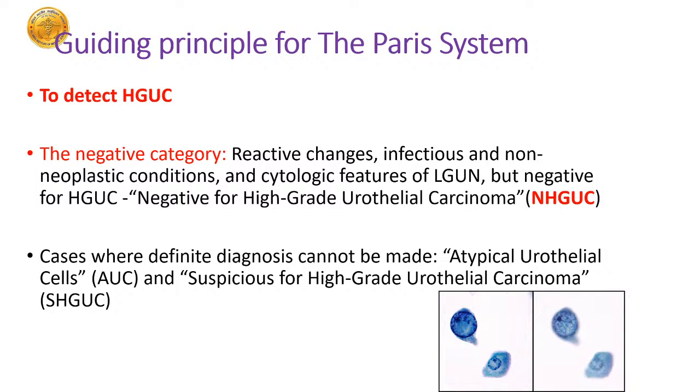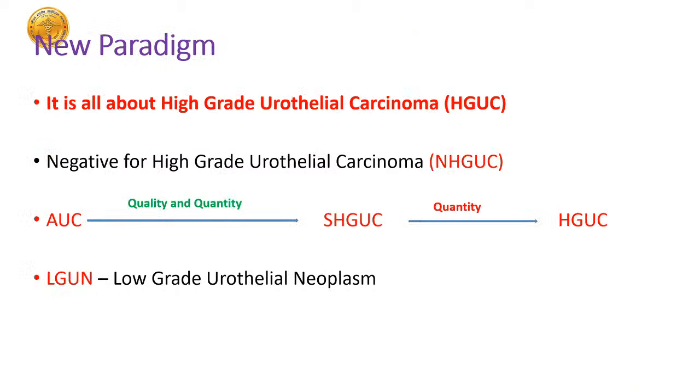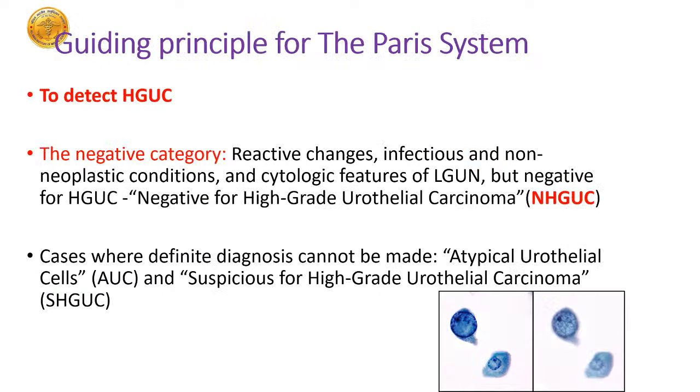We have atypical urothelial cells, suspicious for high-grade urothelial carcinoma, and high-grade urothelial carcinoma. These are separated by both qualitative and quantitative nature of the material examined. And a new category has been introduced, which is LGUN, low-grade urothelial neoplasm.